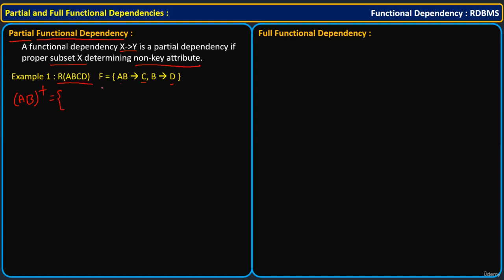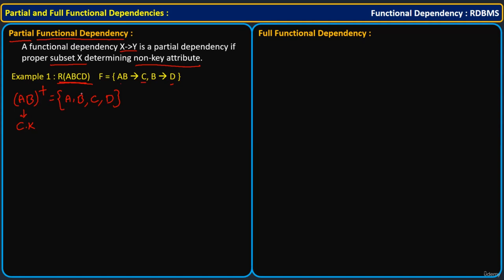So AB closure: of course, A and B itself you can add. AB deriving C, okay, and B deriving D. B is there, so B deriving D. Because AB is deriving all attributes in the relation, this is the candidate key. Candidate key is AB. So that means the key is AB.